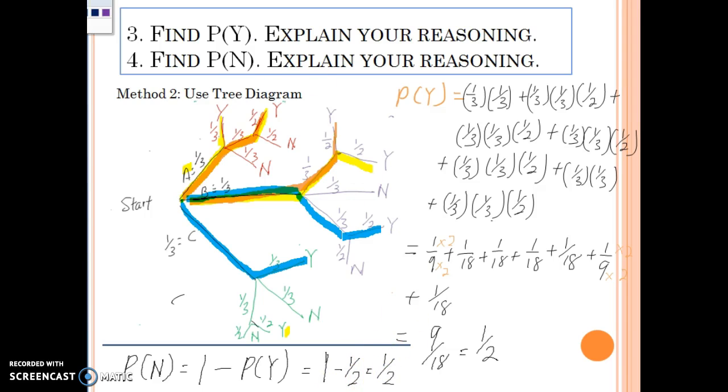So in this case, our total answer is P(yes) is half and P(no) is half. And your work is your reasoning. You can explain it out also. So this is how we calculate.